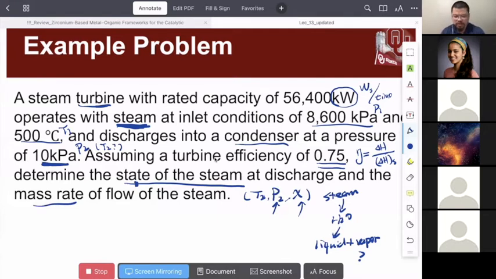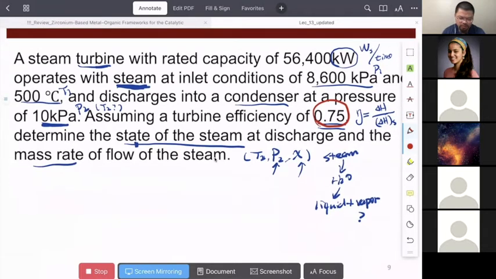So how do we start on this problem? First of all, if I know the efficiency, I need to convert that efficiency into the ratio between delta H and delta HS along the isentropic process. So first of all, we need to identify what is the so-called isentropic process, right?